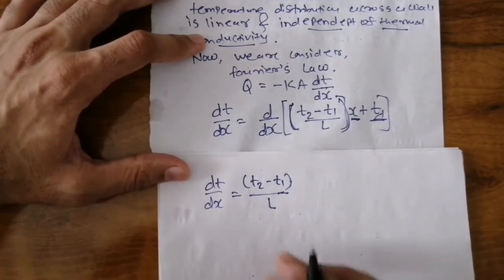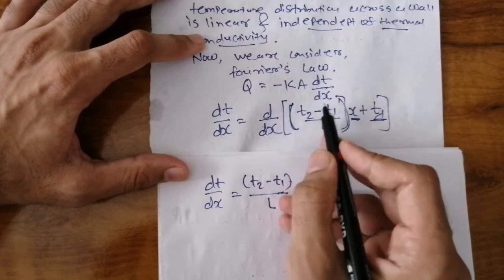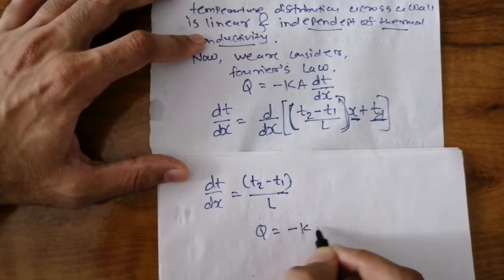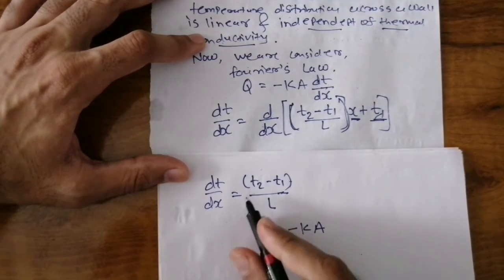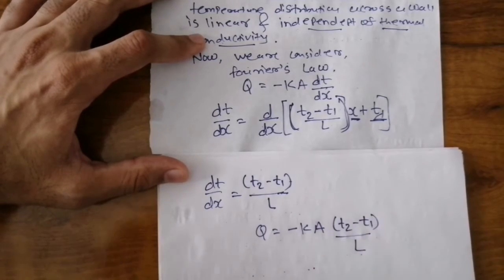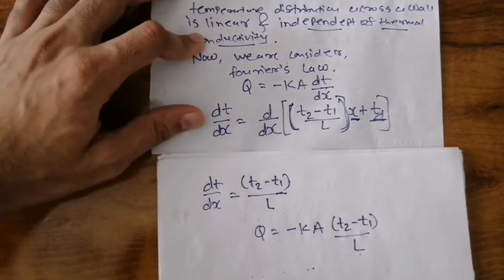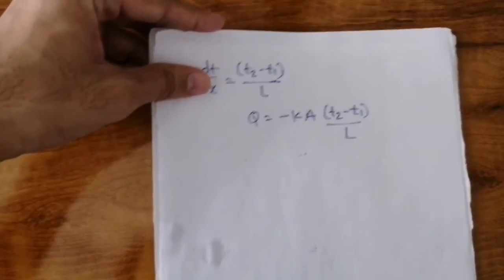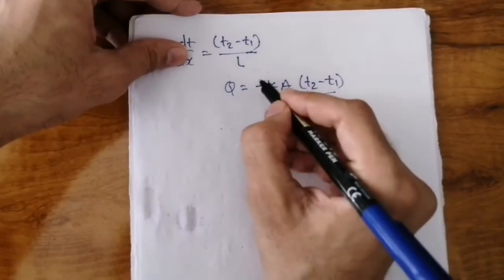What is Fourier's law? Q is equal to minus k dT by dx. We put the value of dT by dx. So Q is equal to minus kA as it is, and dT by dx means T2 minus T1 divided by L. Now we interchange this sign, taking the negative sign inside.